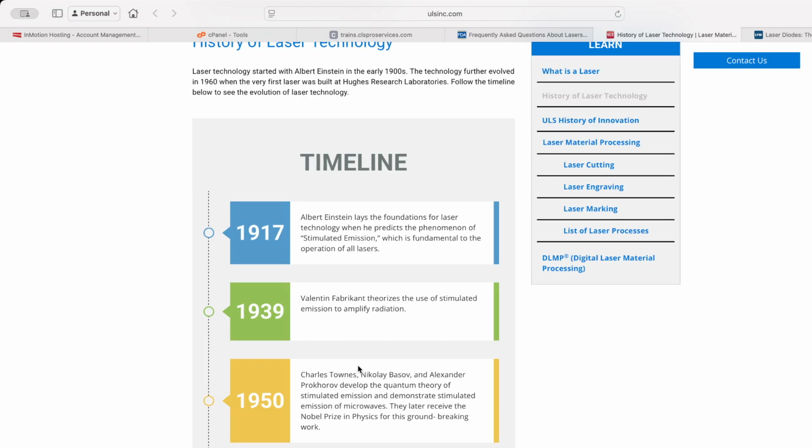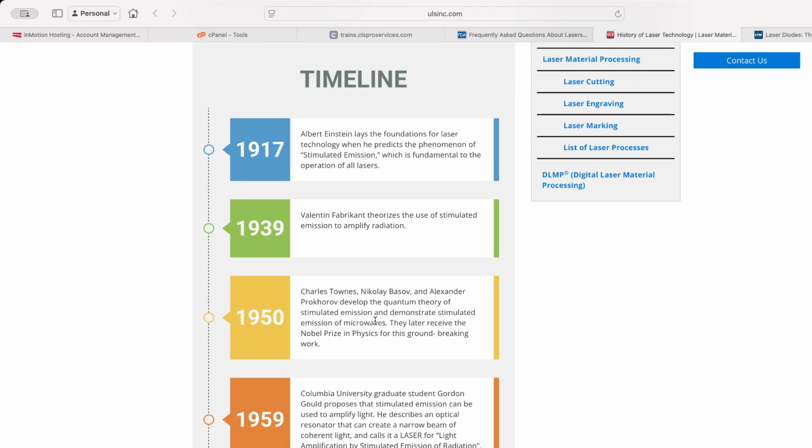And then there you have Valentin Fabrikant, and I'll probably get a lot of these names wrong. Fabrikant theorized the use of stimulated emission to amplify radiation.